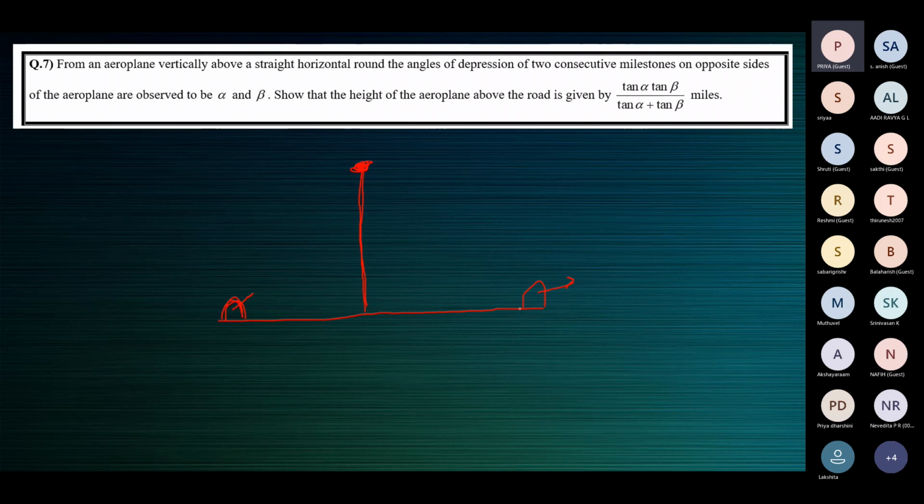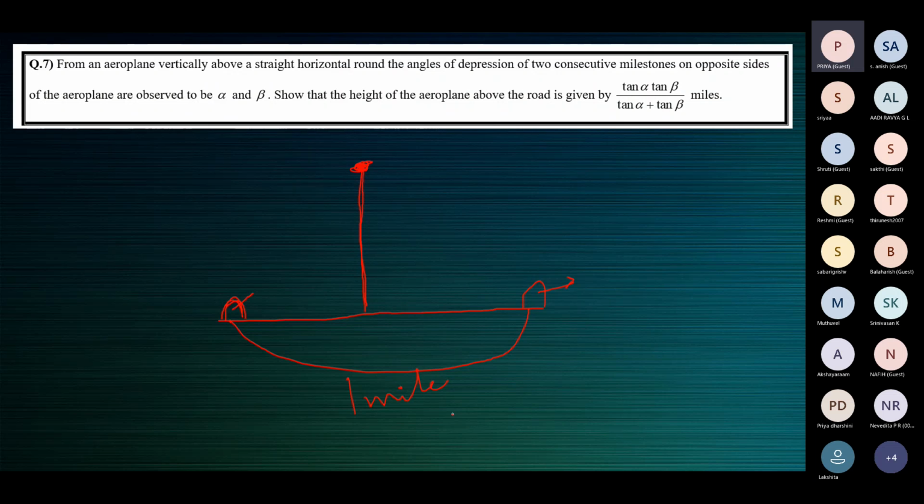When it is consecutive milestones, that means the distance between the two milestones is 1 mile, like 1 kilometer if there were kilometer stones. Now these are two consecutive milestones, so the distance between them will be 1 mile.